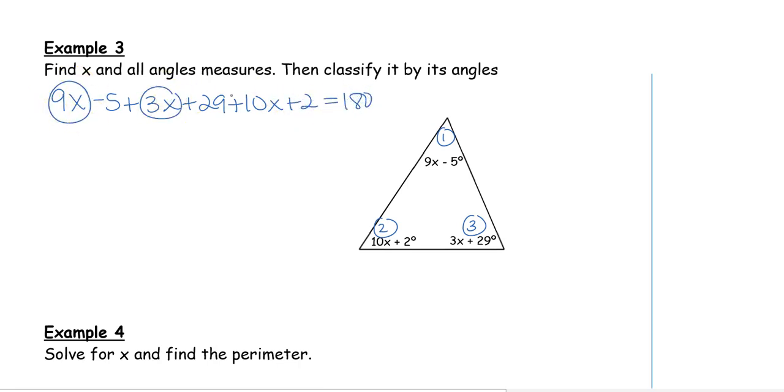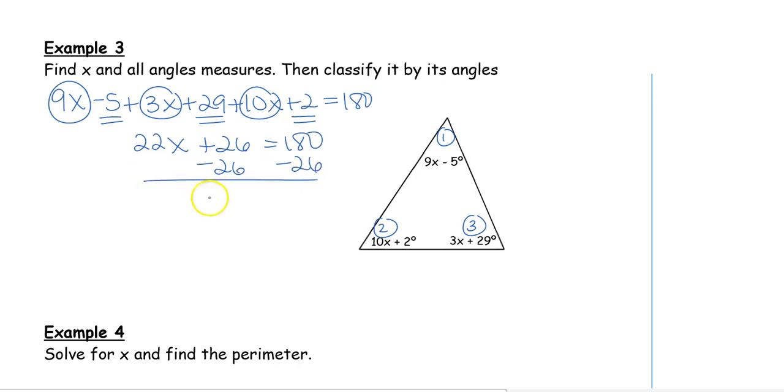We combine our like terms because we're all on the same side of x, so that gives us 22x. Negative 5, 29, 2 gives us a positive 26 equals 180. We move our 26 over. 22x is equal to 154. Divide by 22, and we find that x is going to be equal to 7.